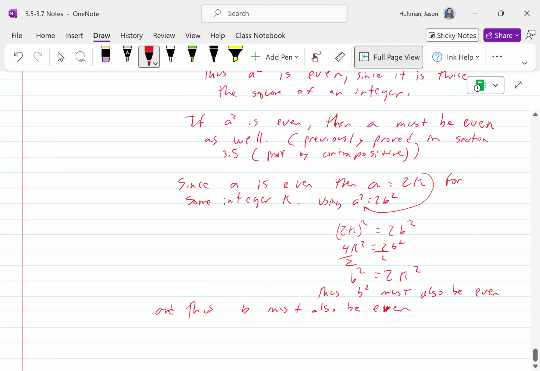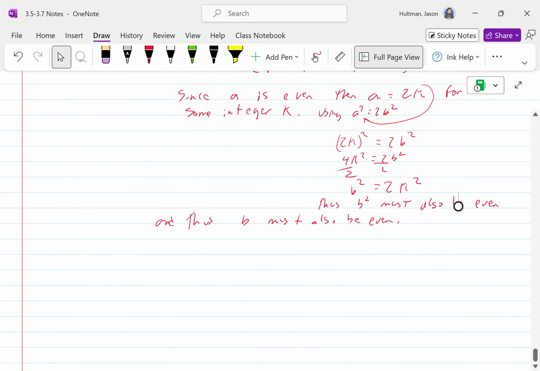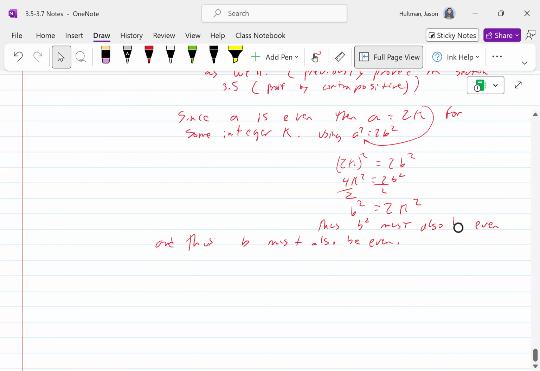If the squares are even, then the original ones are even. We could go on an aside on this. If I take an even number, which is 2k, and I multiply it by itself, that's going to give me 4k squared, which is 2 times 2k squared, which again is an even number.